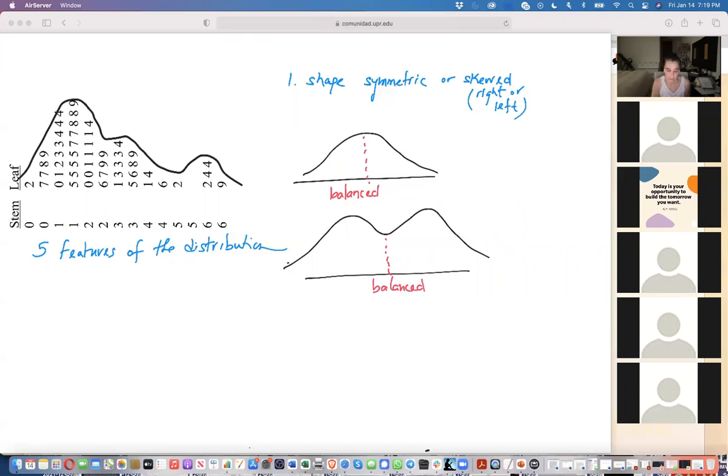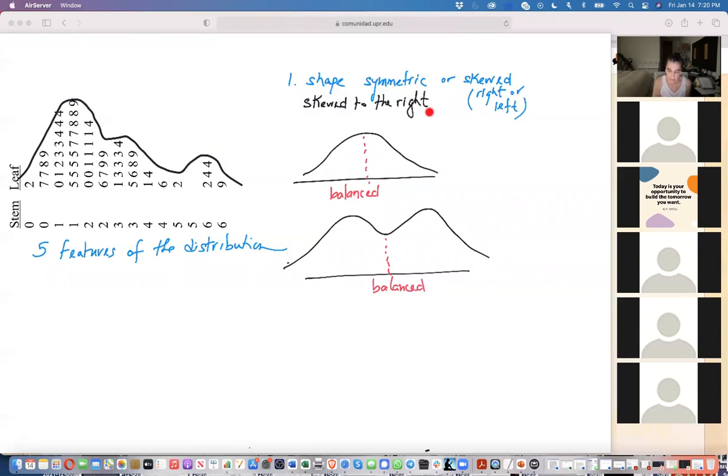So we call this kind of distribution where you don't have that, we call this distribution skewed. So for our case, it's skewed. And the direction of skew is going to be skewed to the right.